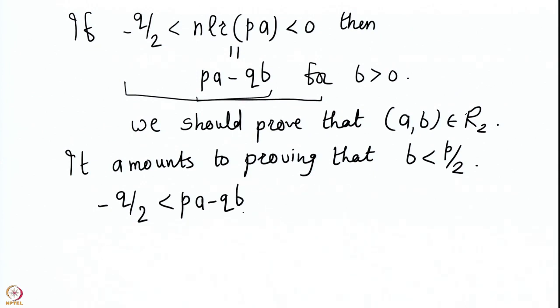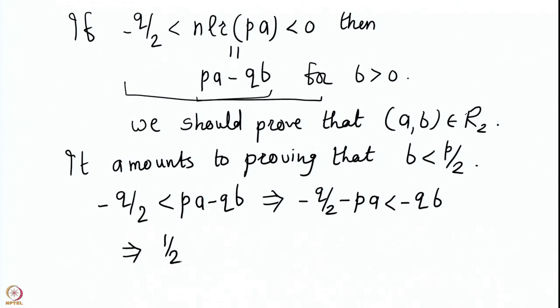We use this side of the inequality to get the result that we want, of course with the proper condition on a. So, this will imply that minus q/2 minus pa is less than minus qb, and now you multiply by minus 1 everywhere to get the other side of the inequality, and you also cancel out q. So, it gives you that 1/2 plus (p/q)a is bigger than b.